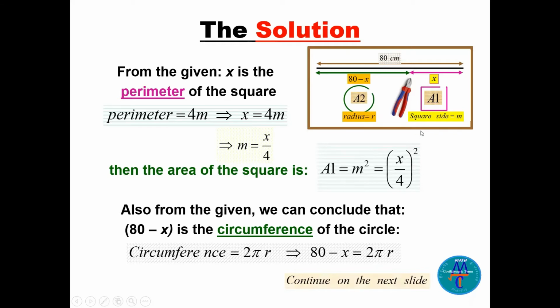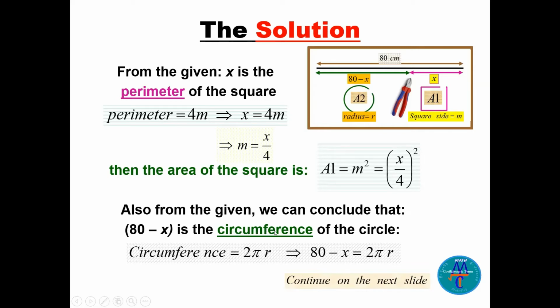Now we know from the given that area 1 is equal to area 2. We have to find now area 2. Also from the given, we can conclude that the other length is 80 minus x, because the whole wire is 80 centimeters. If this is x, this will be 80 minus x. Now we will form a circle. The circumference is the length of the wire on the left side.